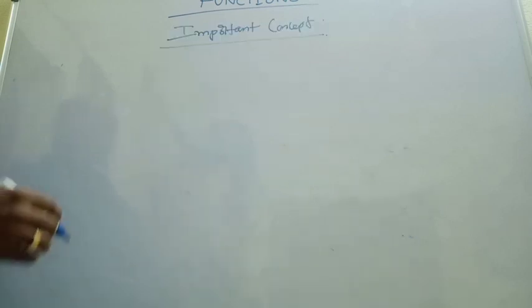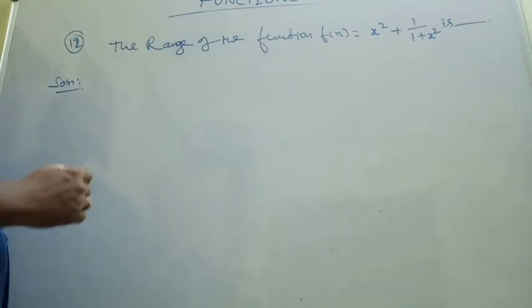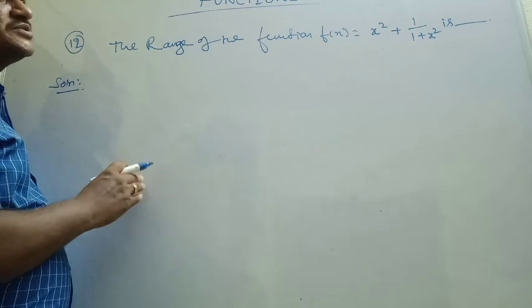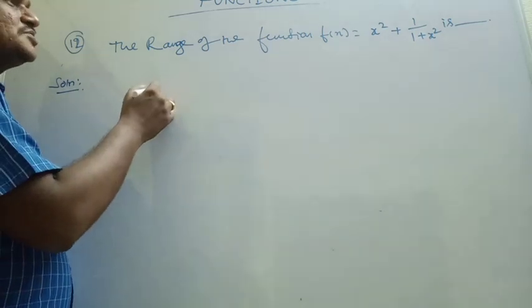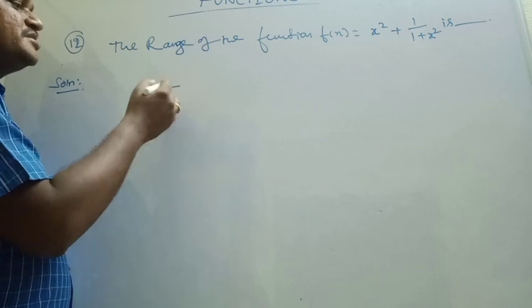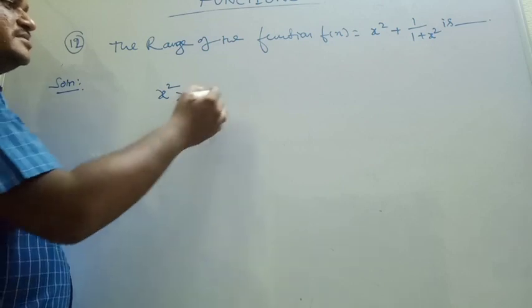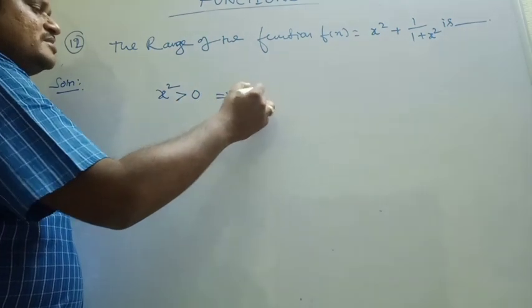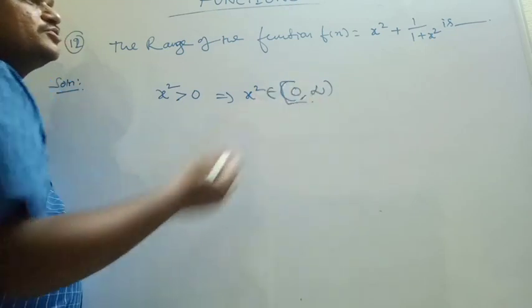We have some important concepts that every student should know. Now, what is the range of the function f(x) = (x² + 1)/(1 + x²)? You know that x² is always greater than or equal to 0, that means x² belongs to the closed interval 0 to infinity.